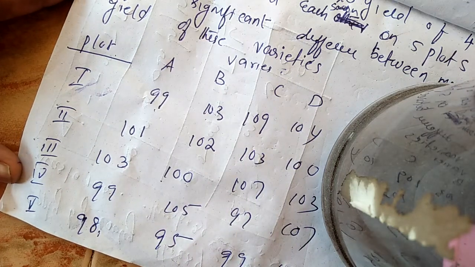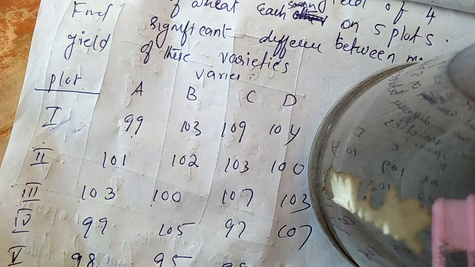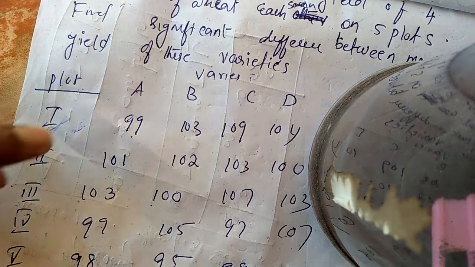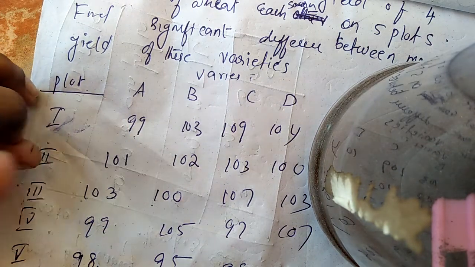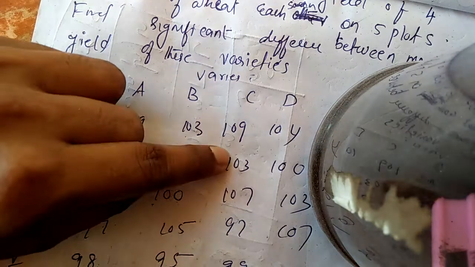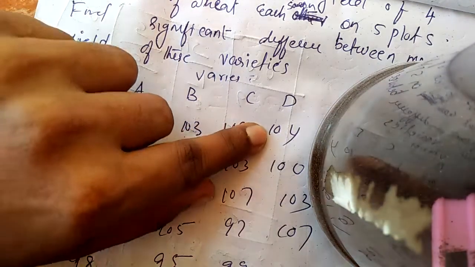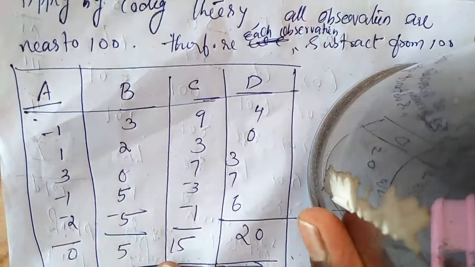So I will subtract 100 from each observation. The first observation, 99 minus 100, 103 minus 100, 109 minus 100, 104 minus 100.